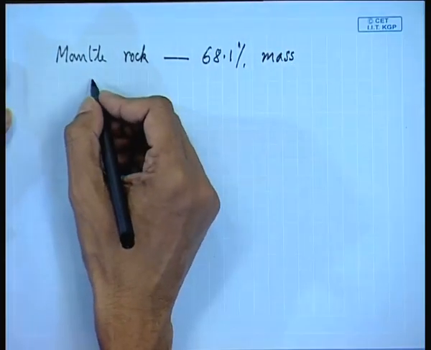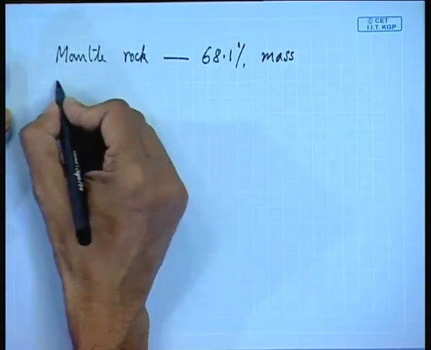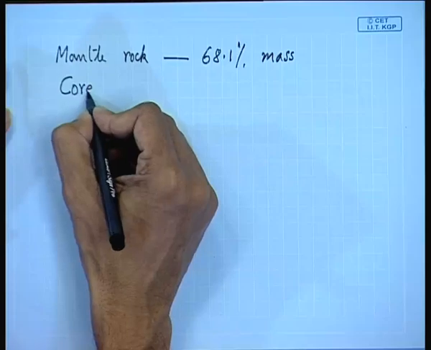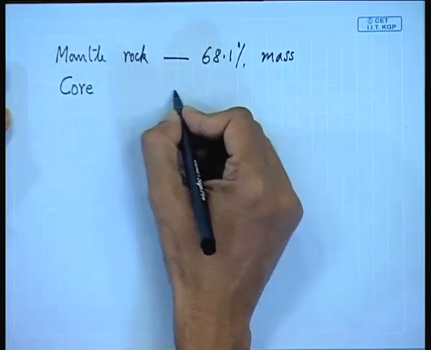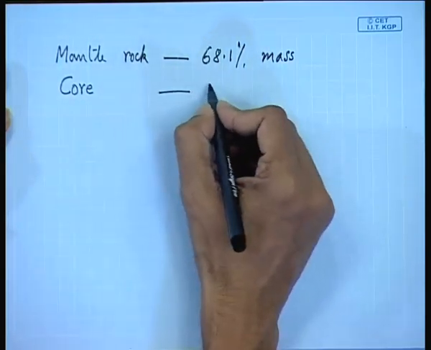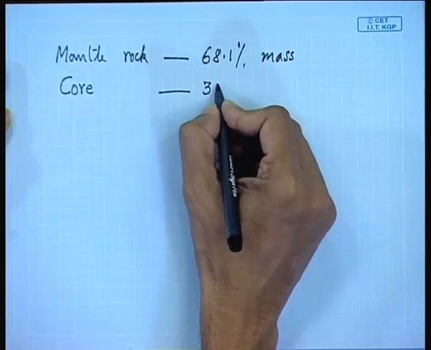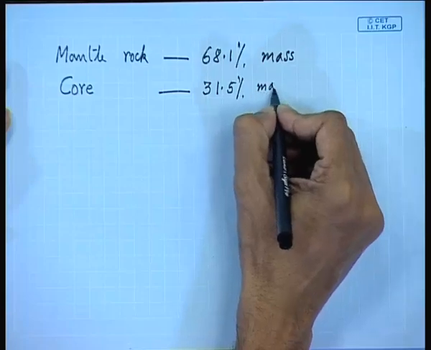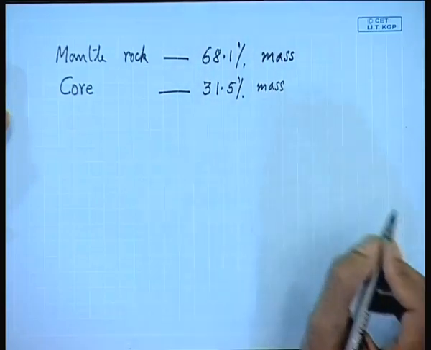So, next we come after this is the core rock or the core. Now, the core constitutes 31.5% of the total mass of the earth.